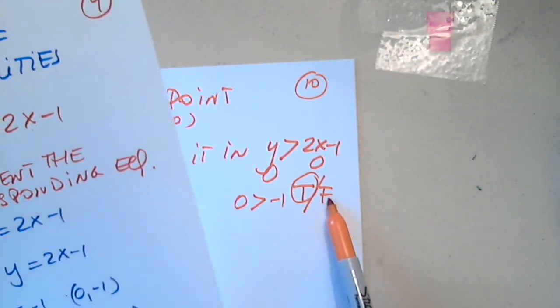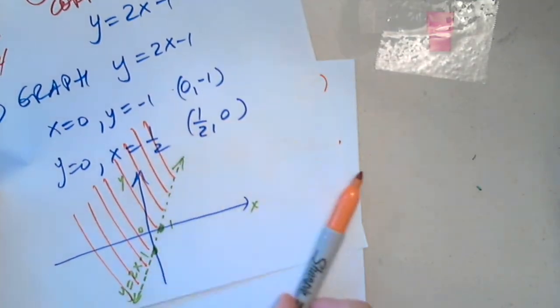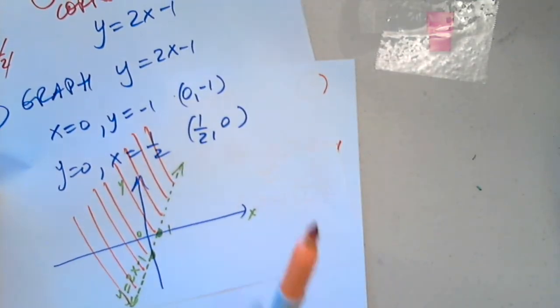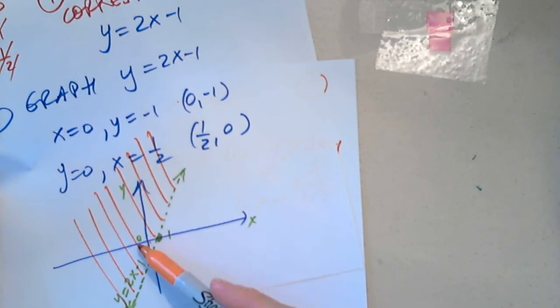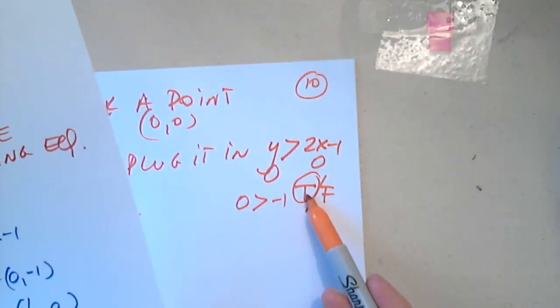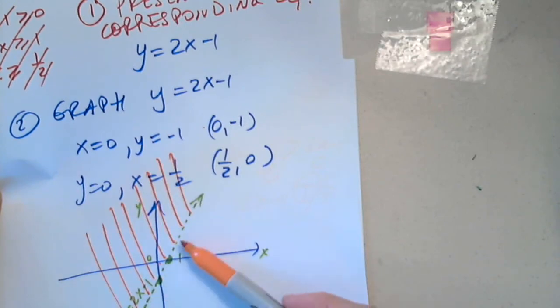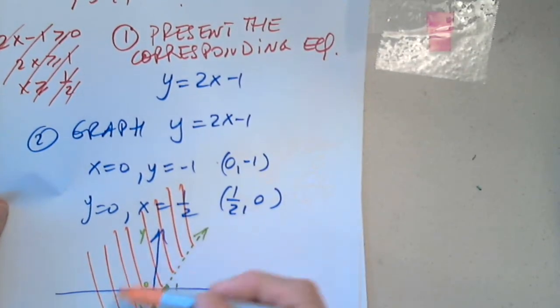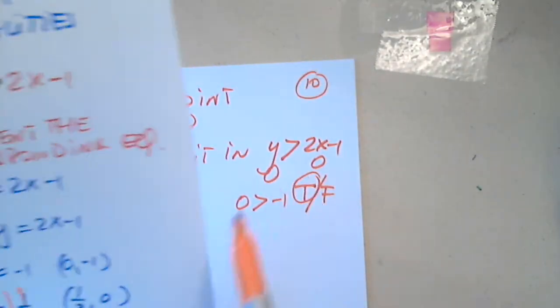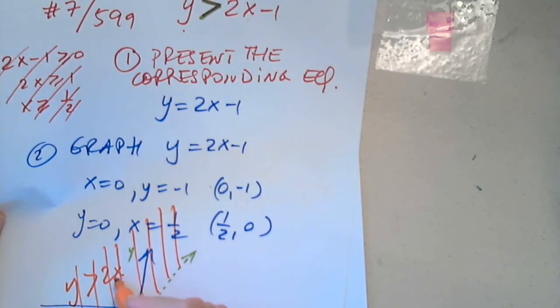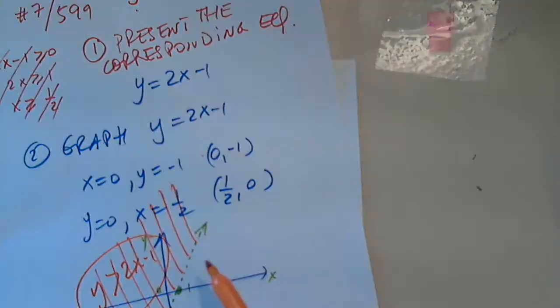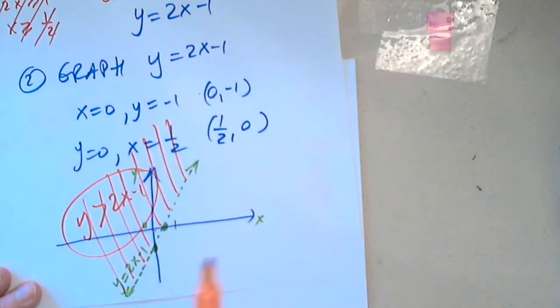What if it were false? I would have shaded the opposite. But I picked a point in this region. It worked. Then all points will work. All this, the orange region, is the region of y greater than 2x minus 1. Meaning, you can pick any point you want.